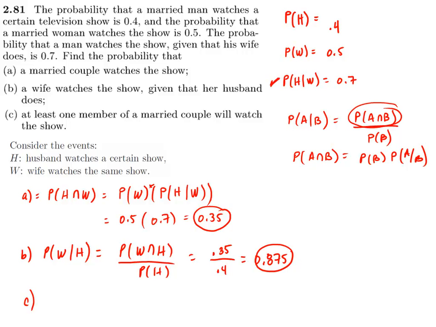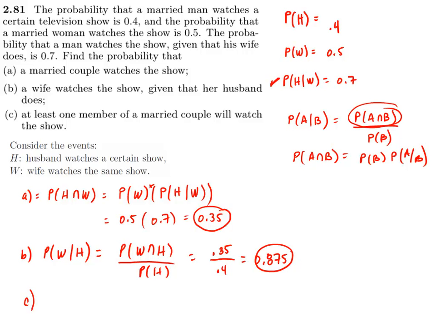Let's go back to the Venn diagram. This is husband and wife. So at least one means that one or the other or both. Okay? So that means that that probability will cover all that area.